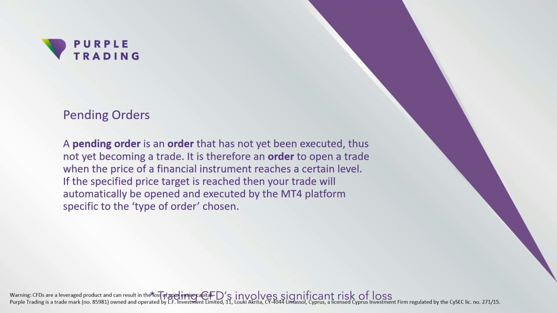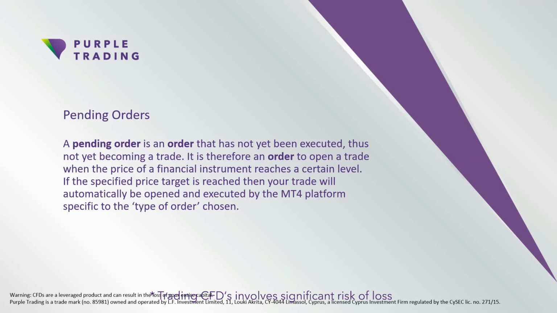If the specified price target is reached, then your trade will automatically be opened and executed by the MT4 platform specific to the type of order chosen. So it's an action that you put in place when price reaches a certain level to either buy or sell the currency. And there are 4 types of orders.